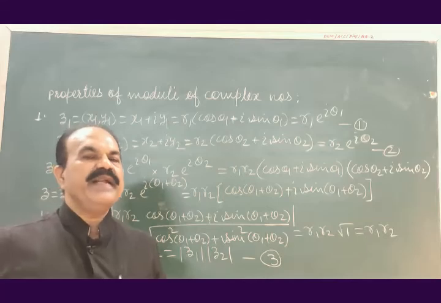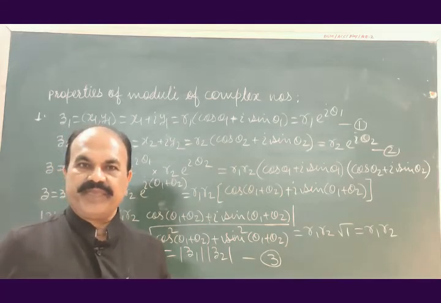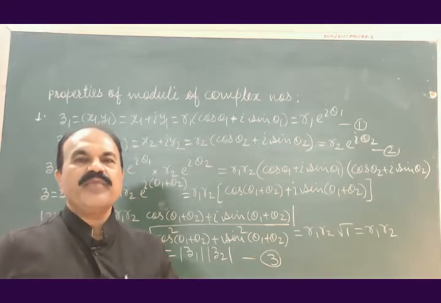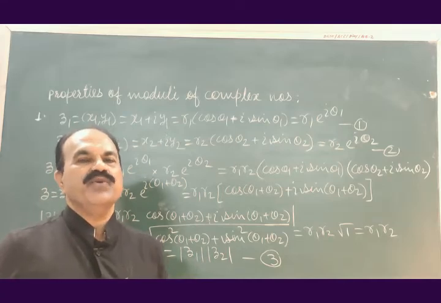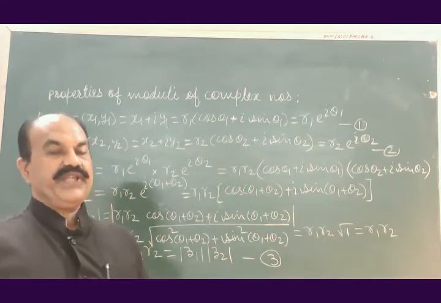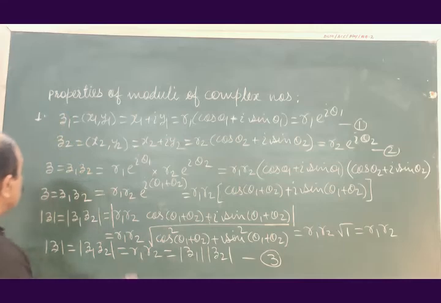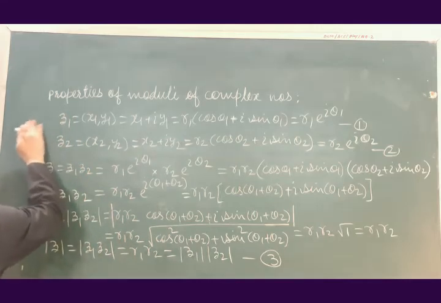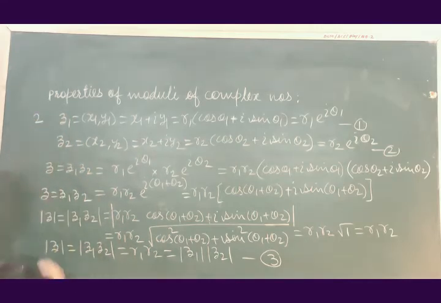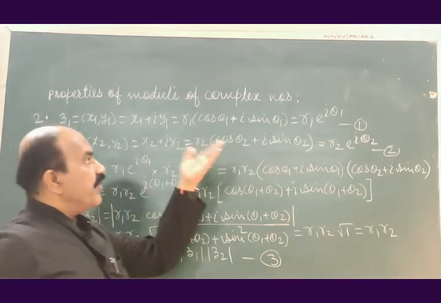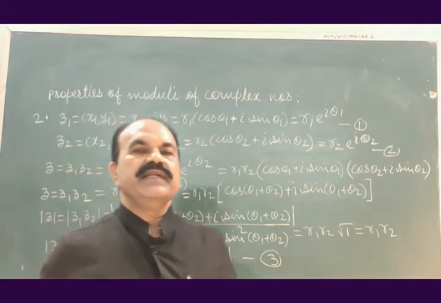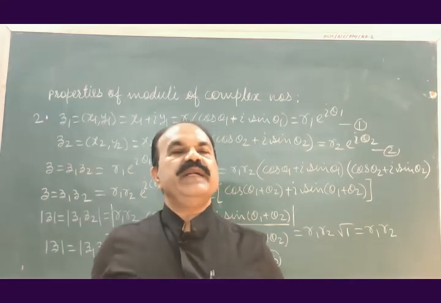The second property of moduli of complex numbers is about the quotient. So let me put here number 2, the second property of moduli of complex numbers. And what is the second property?